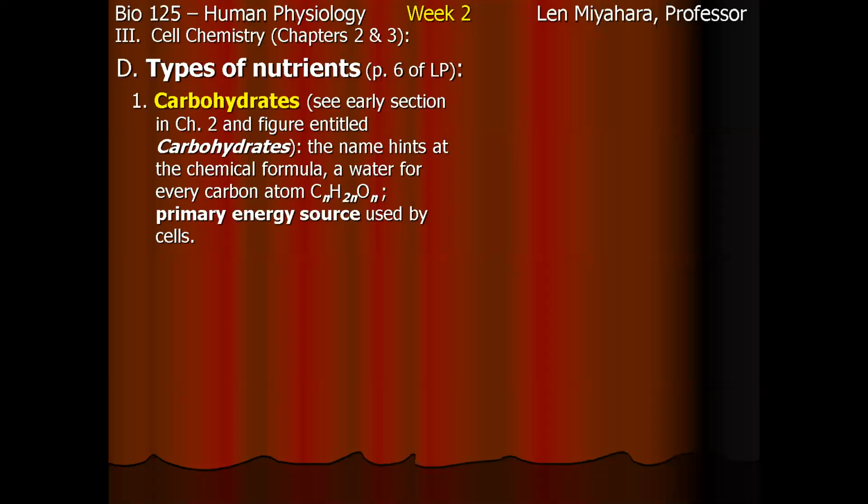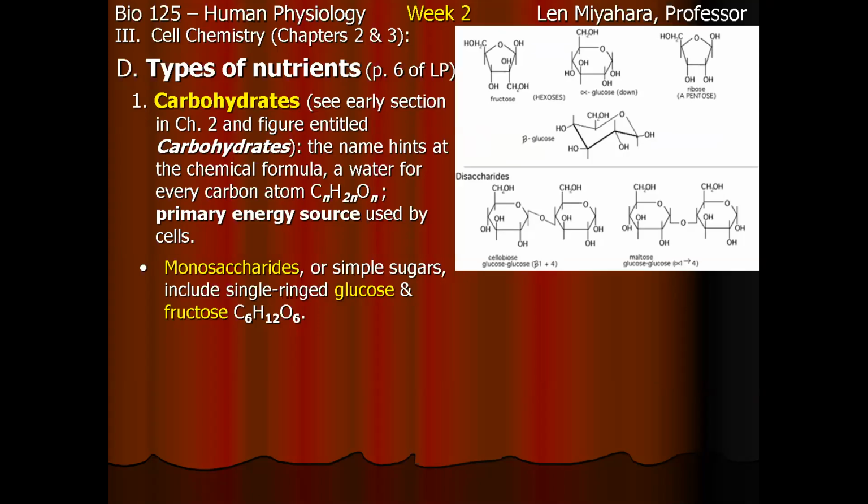And that's why we're going to start with that when we do our discussion of this. Your cells will use this primarily. If it runs out of it, it'll use the other ones. But there is an H2O for every carbon. We see that formula in monosaccharides.